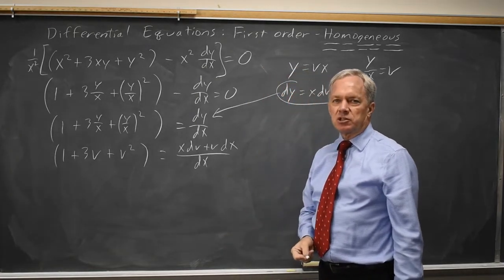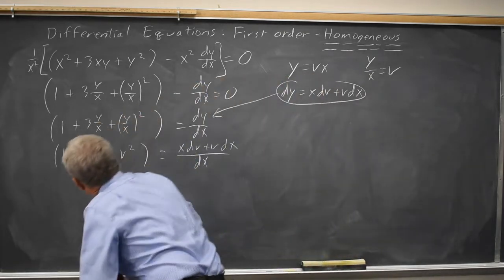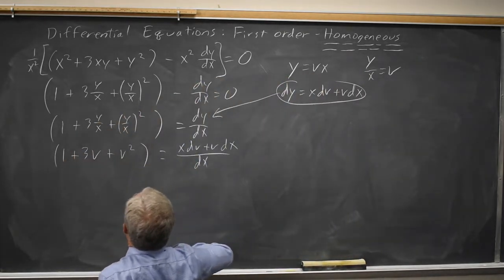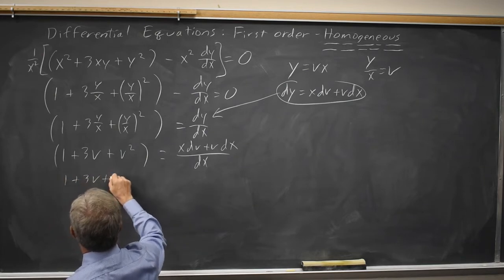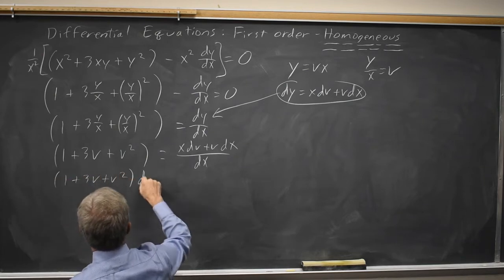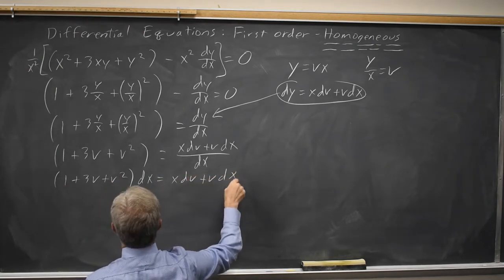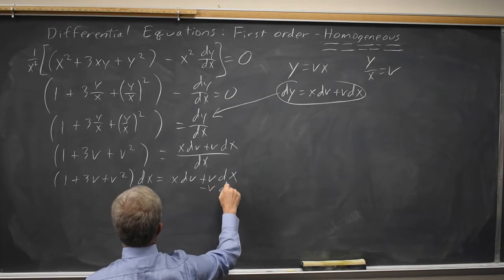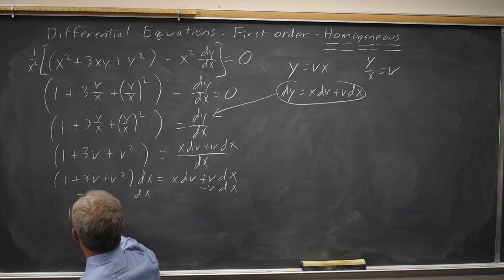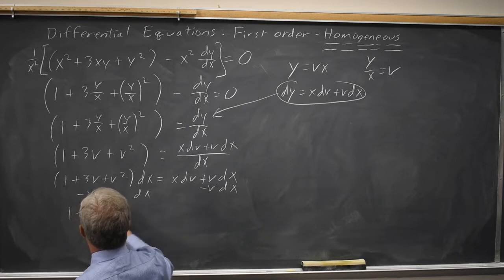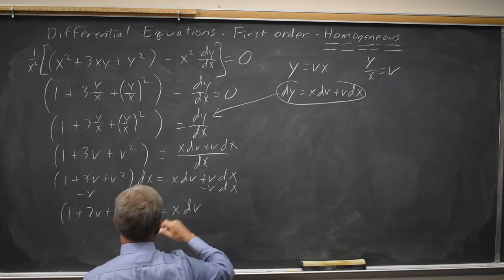I can separate the terms and then subtract the v, but I prefer to cross multiply because we often do homogeneous by cross multiplying. 1 plus 3v plus v squared dx equals x dv plus v dx. I'm going to subtract v dx from both sides. So that gives me 1 plus 2v plus v squared dx equals x dv.